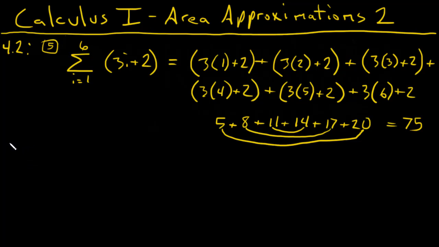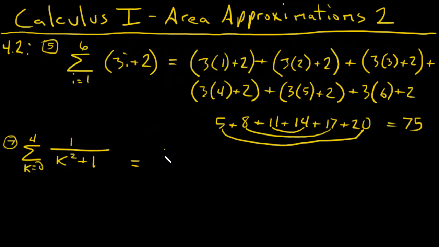So let's see. Next one was number 7. And this is just more annoying than anything. We had summation k equals 0 to 4 of 1 over k squared plus 1. Alrighty, we're going to have a lot of fractions, so here we go. It's going to start at 0 and then increment all the way up to 4.